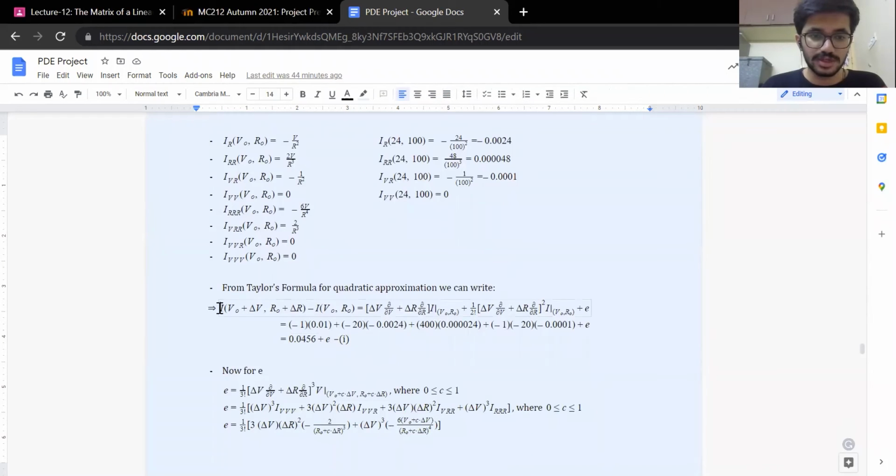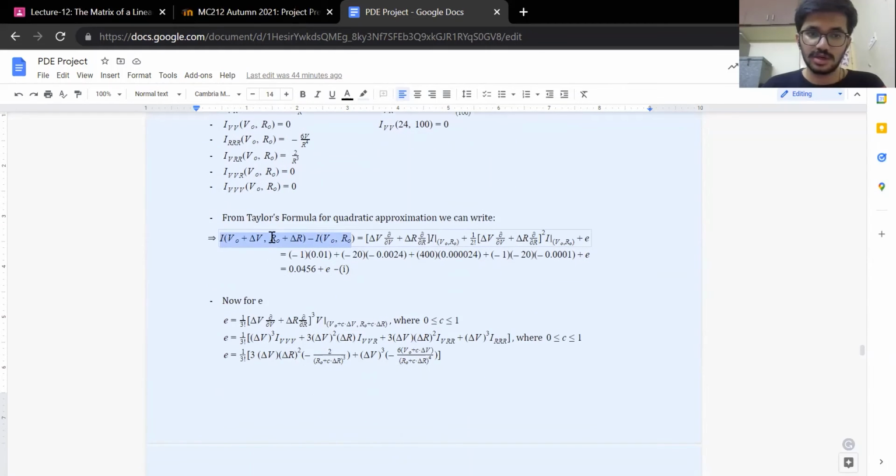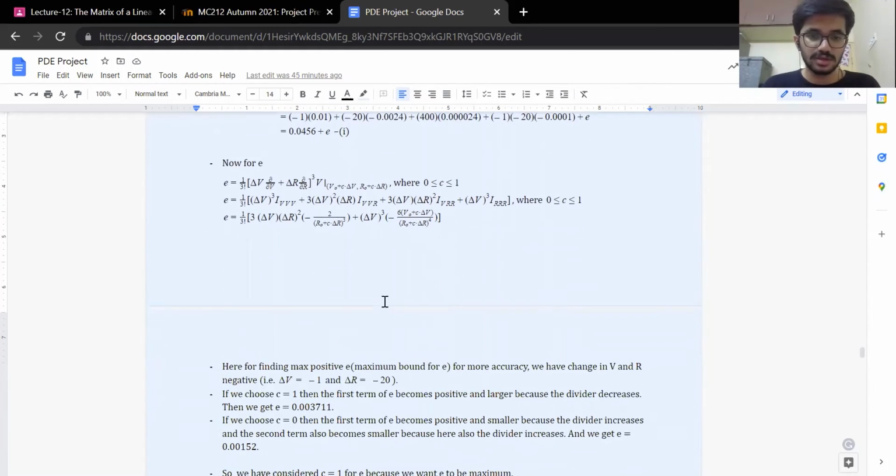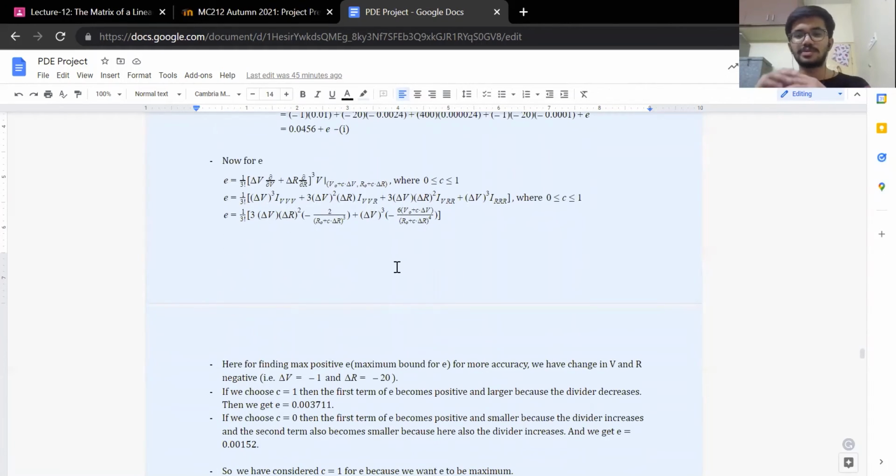This is the change in I, the first term here: V naught plus delta V and R naught plus delta R, subtracted by V naught over R naught. So we get the change plus the error, and we keep the error at its maximum bound. The actual error will always be lesser than that, but to keep the highest bound we take the maximum.